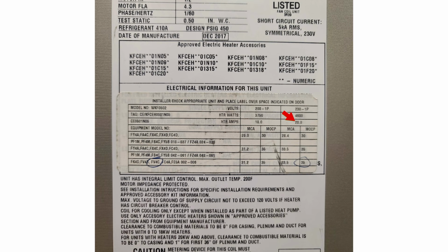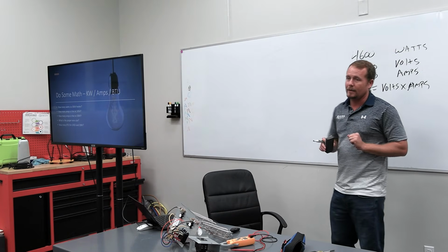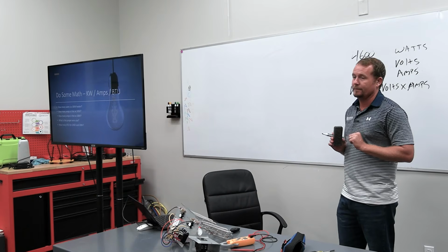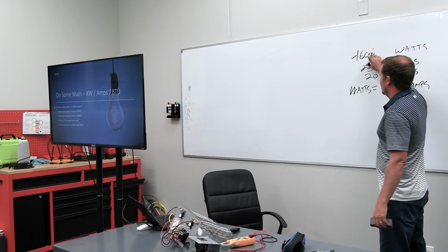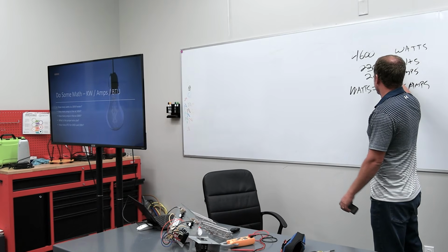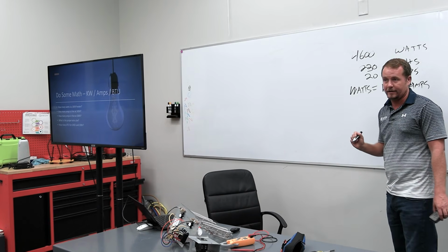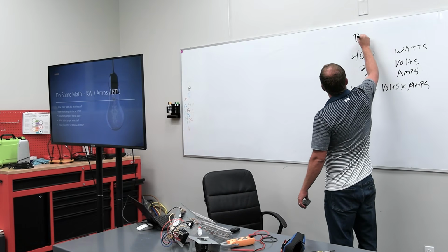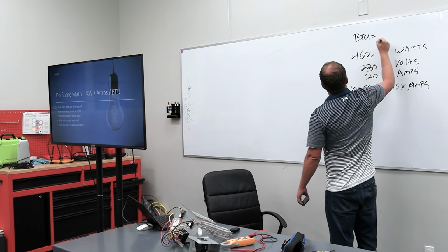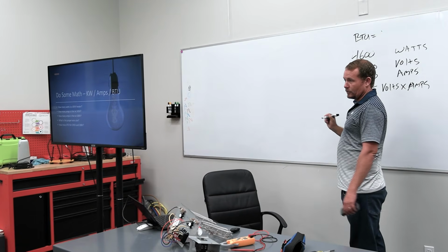All right. So now, let's figure out how many BTUs this particular heater produces. This is really easy because we already have the watts, right? We did the math. This all adds up. 20 times 230 equals 4,600, right? So now, what are our BTUs? Didn't that say 3.41? 3.41, yep.